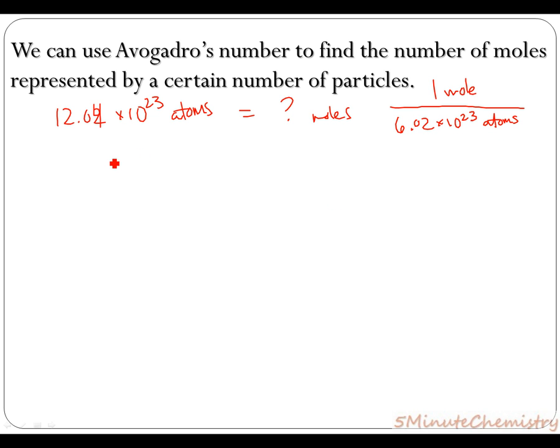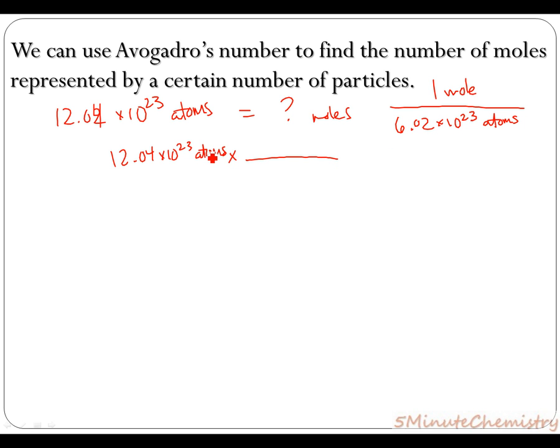So all I have to do here is set it up as 12.04 times 10 to the 23rd atoms, and then multiply by the conversion factor.